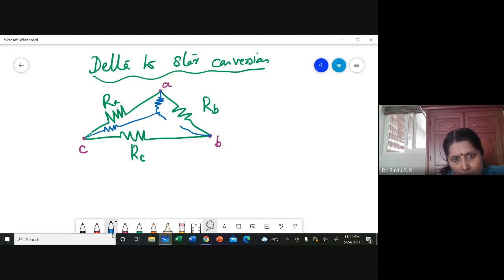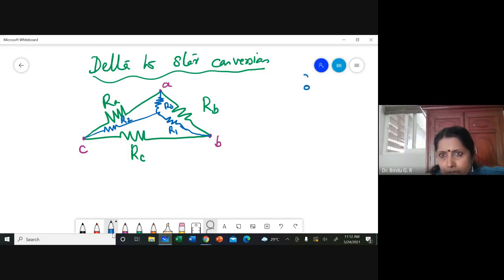Always remember, whatever I have drawn, I have not drawn some other additional resistors. I want to replace RA, RB, RC with resistors R1, R2 and R3.